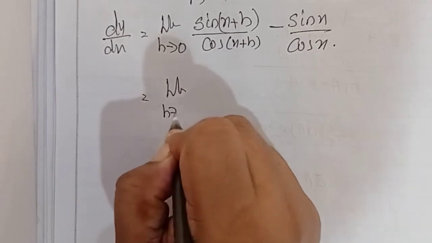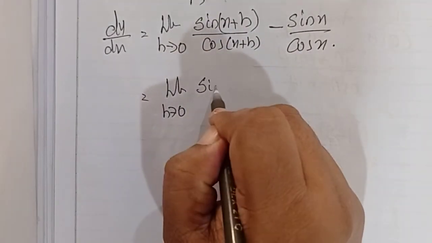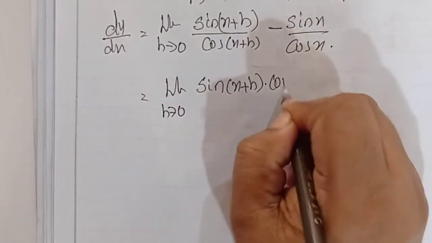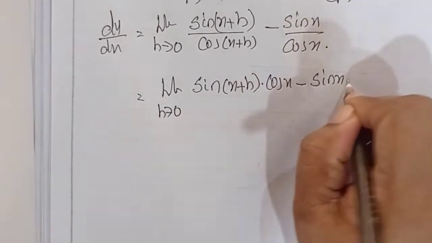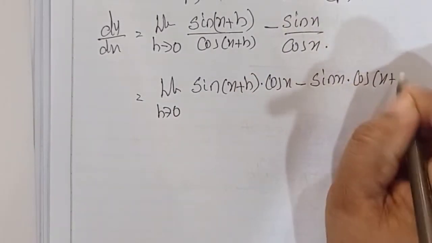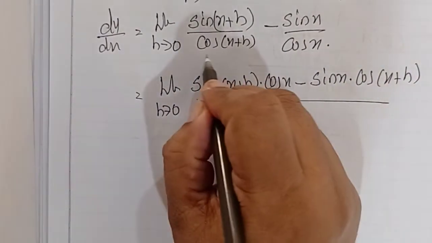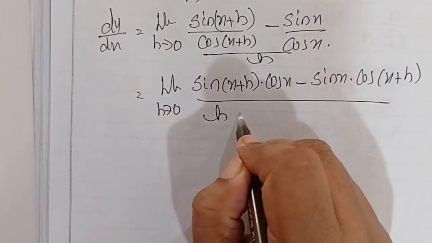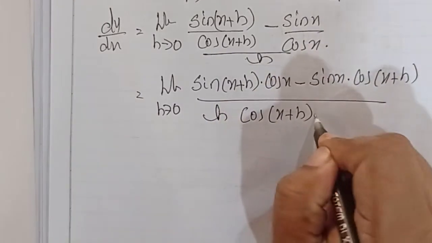Limit h tends to 0 sin (x plus h) into cos x minus sin x into cos (x plus h), cross multiplication, the whole by h into the denominator, cos (x plus h) into cos x.